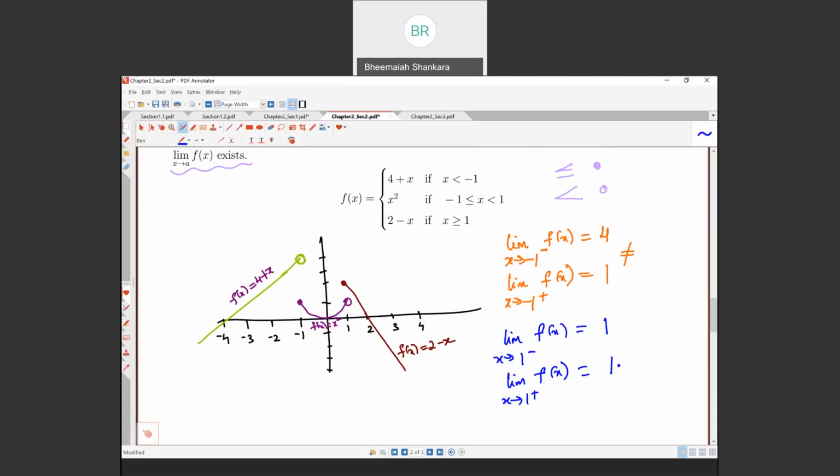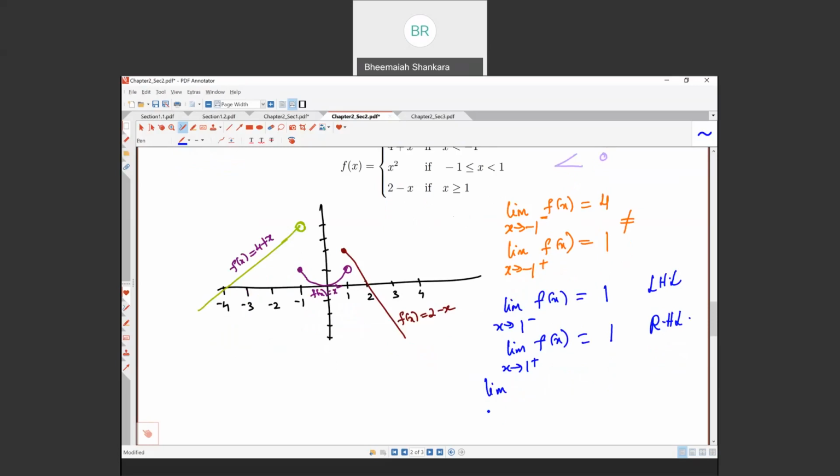So you see that the left hand limit and the right hand limit are the same. So the limit as x approaching 1 of f of x is equal to 1.